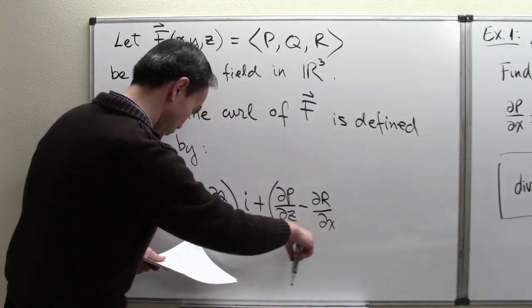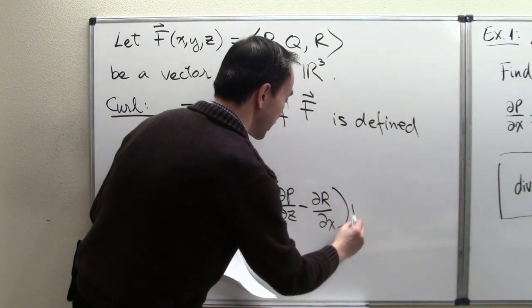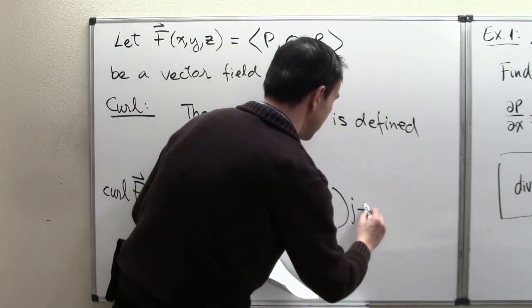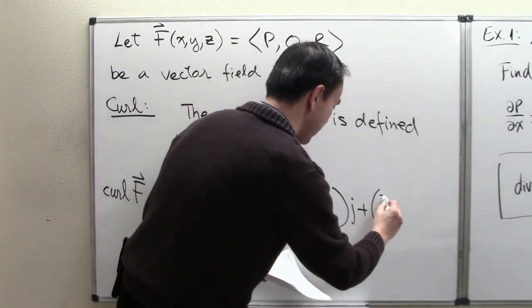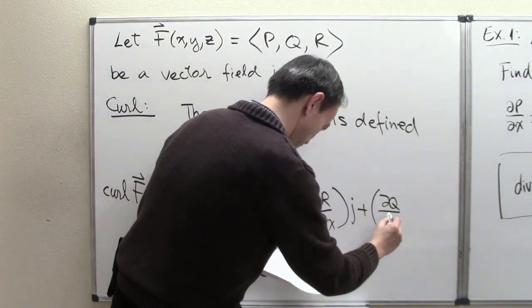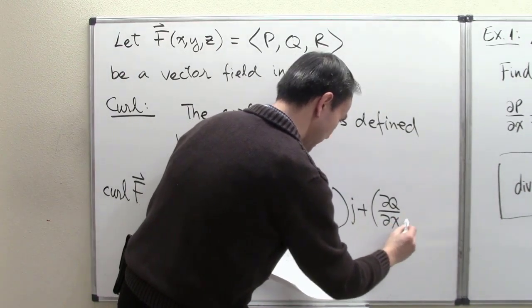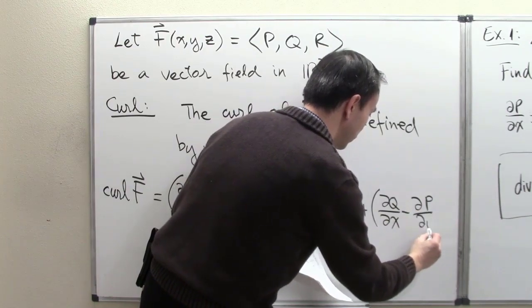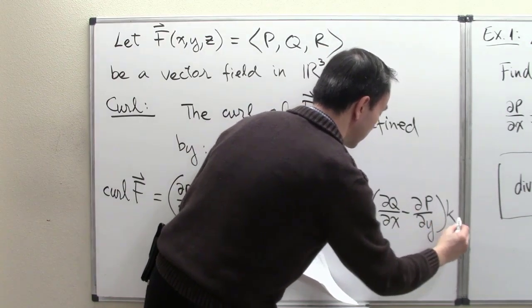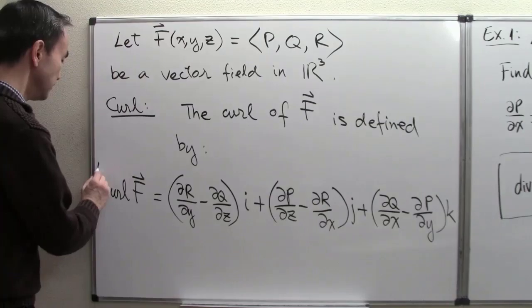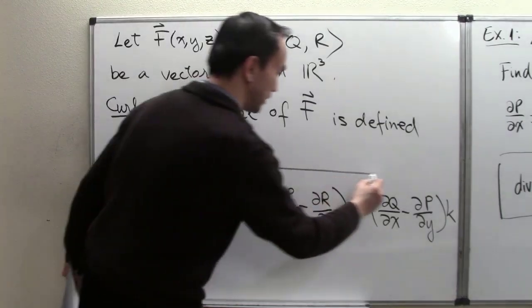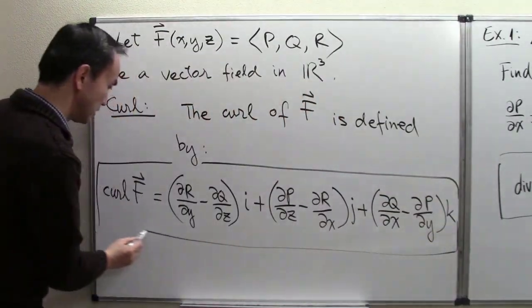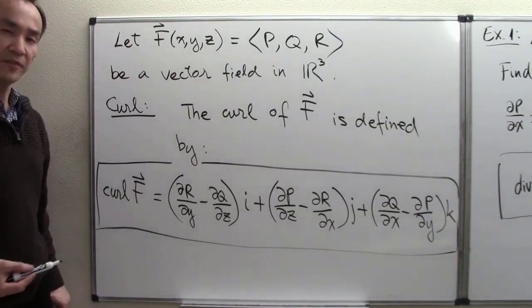These are all partial derivatives with the j vector plus, and the last one here, dq dx minus dp dy with the k vector. And so this is how we define the curl of a given vector.